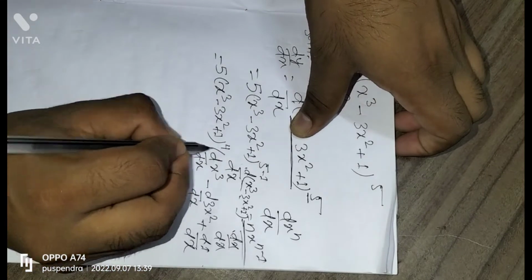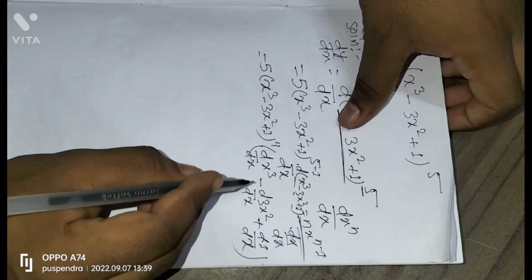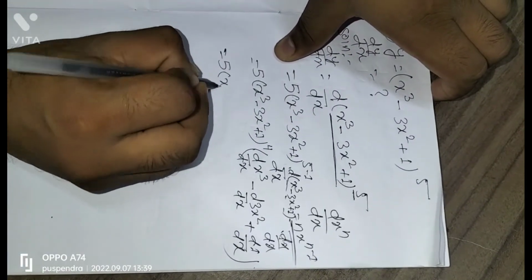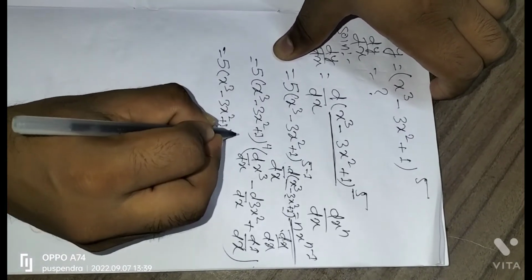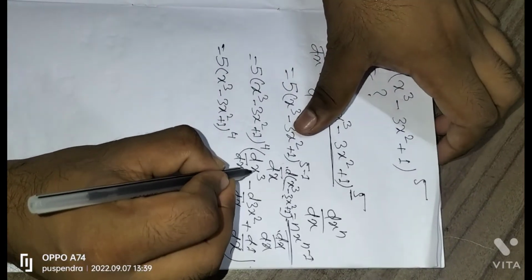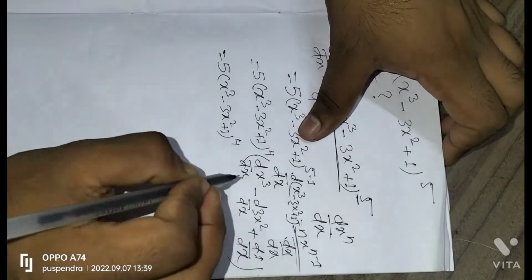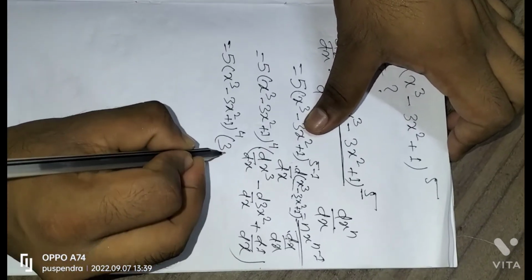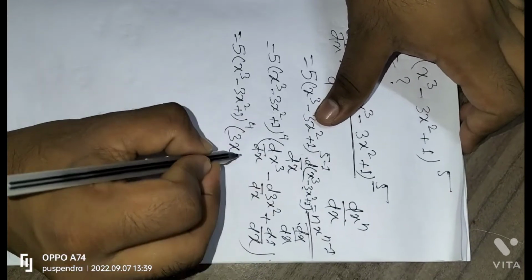If you know, then you can do it directly also, but I am going to make this video step by step. So 5 times (x cube minus 3x square plus 1) whole to the power 4, and the derivative of x cube is again in this formula only. n is 3, and x is x itself, and n minus 1, so 3 minus 1 is 2.